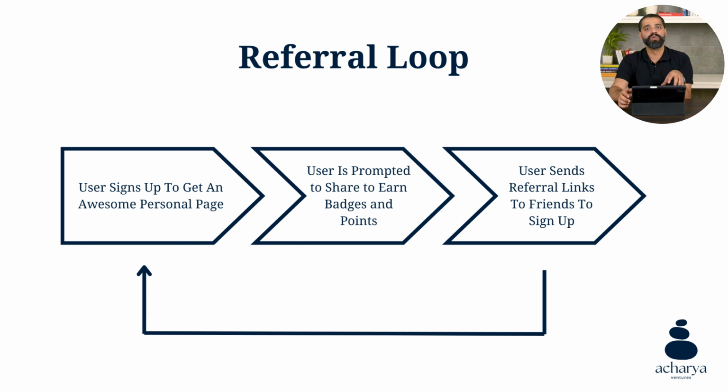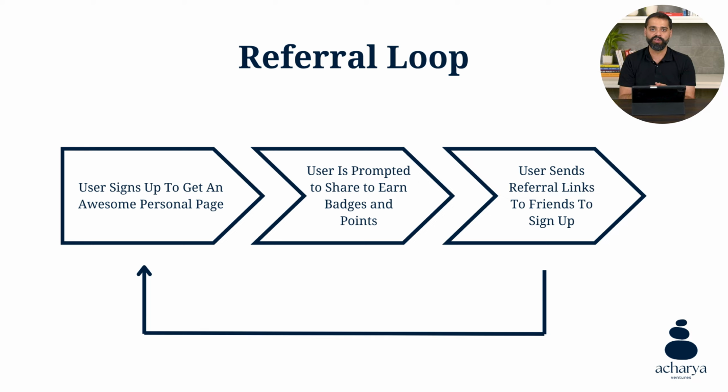The other example would be a referral loop, right? You would have seen a lot of companies, especially in the early days, have this refer and earn option. Why do they have that? Because you are reducing the customer acquisition cost for them. Again, an example would be a user signs up to get, let's say, a personal badge. A good example of this kind of a product would be a company called TopMate that grew very fast.